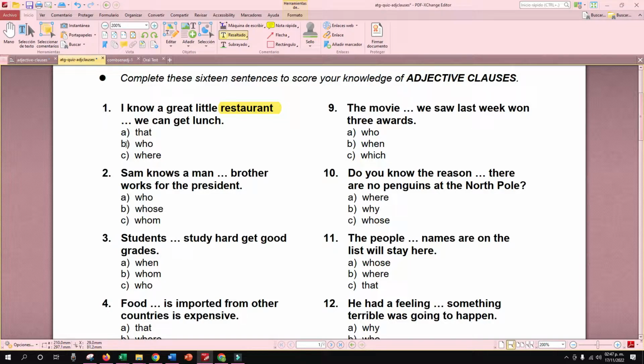A, B, or C, guys? ¿Cuál sería la respuesta? Letter C, excellent. That is where. Why? Because you're talking about the restaurant, the place. Very good. So guys, that is what you need to do to choose the correct answer, right?